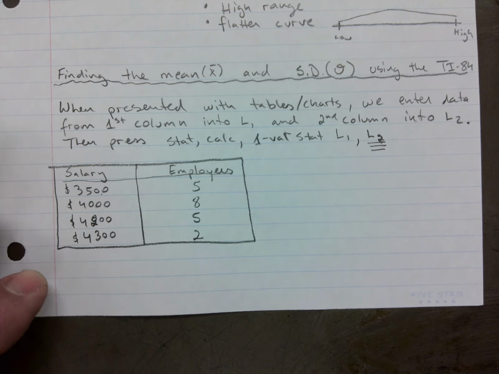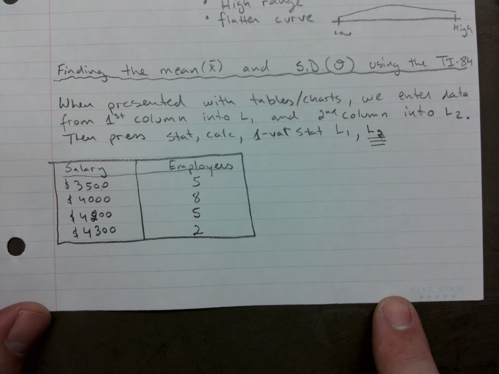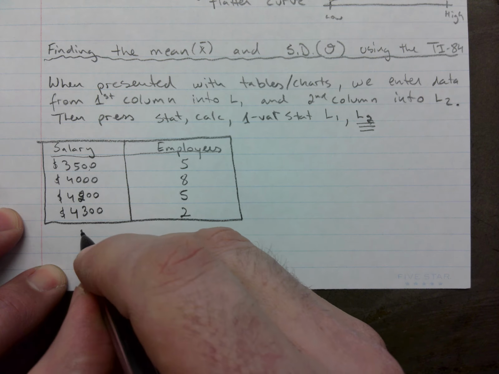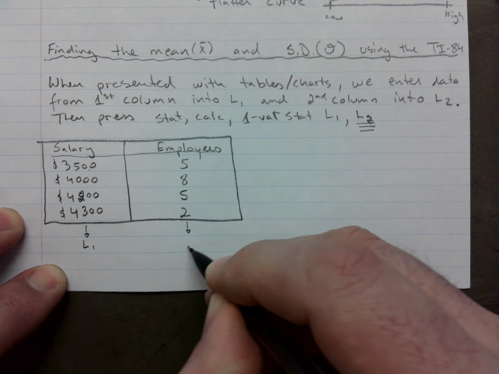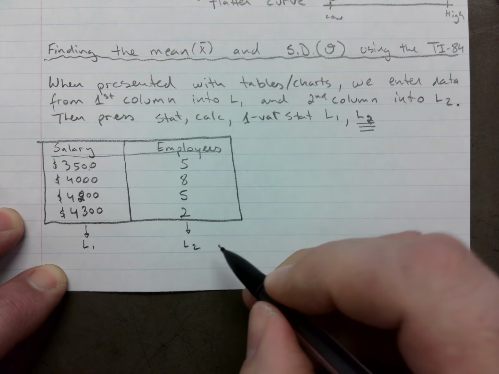Like that. So if you have a table like that and I ask you to find the mean and standard deviation, you can actually find mean, median, mode, all of them if you wanted to. But here it is. We enter this into L1, right? And this is entered into L2. This is the frequency.